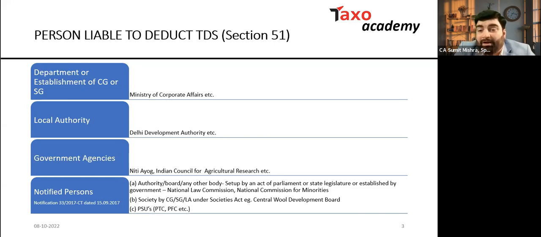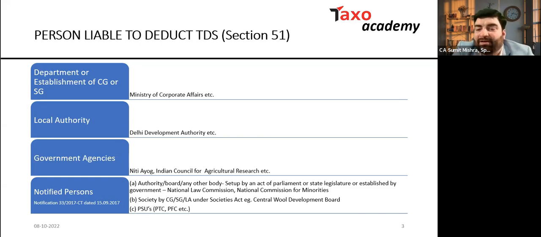If it is set up by the state government, they will go for state legislature, or established by government, simply government. So there are certain authorities or boards, I mentioned the National Law Commission and the National Commission for Minorities. They are all categorized as authorities, boards or bodies governed at the state or central level.